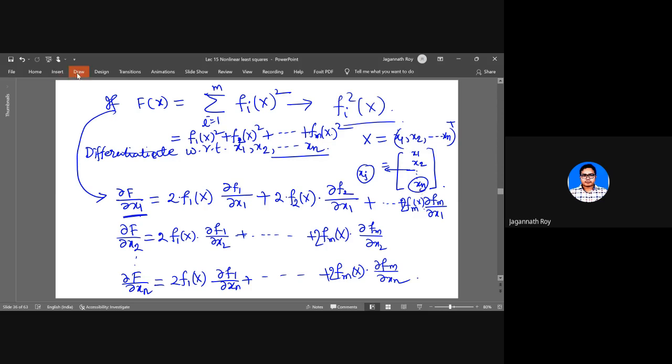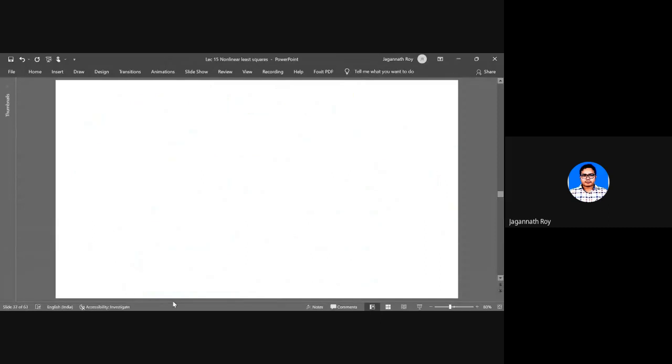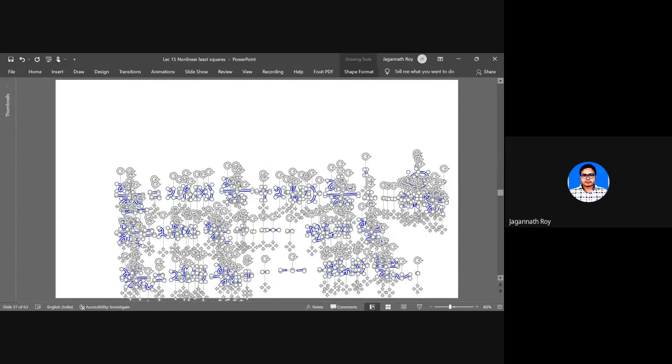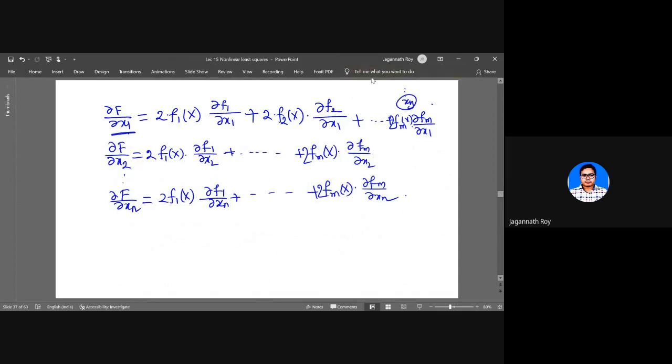So if you just try to simplify, if you write it in the matrix form, what will be there? So let us take 2 outside.